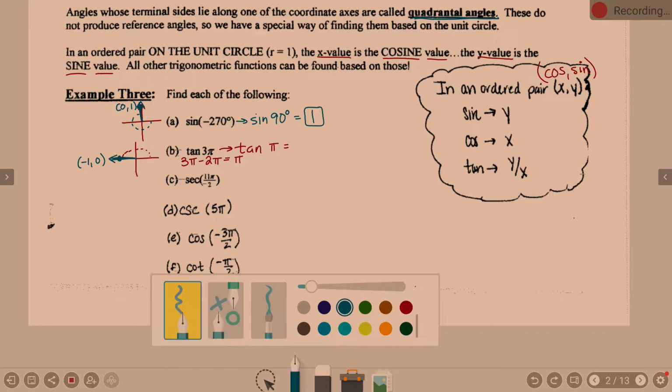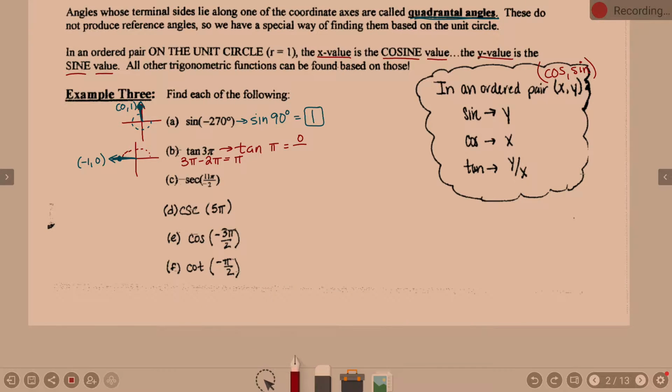What's my y value here? The y value is 0. The x value is negative 1. 0 divided by negative 1. 0 divided by anything is 0. I see a few of you with your calculators out. Did you try it in the calculator? This is one that would come up in the calculator correctly, wouldn't it? Again, you need to know how to do it without the calculator.